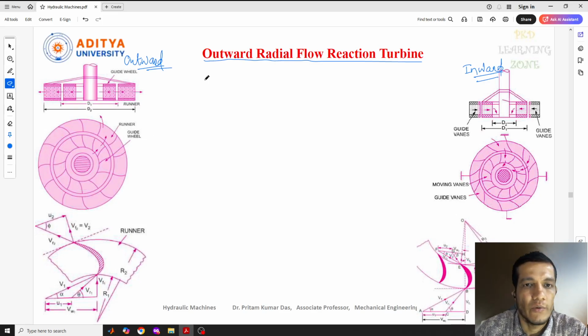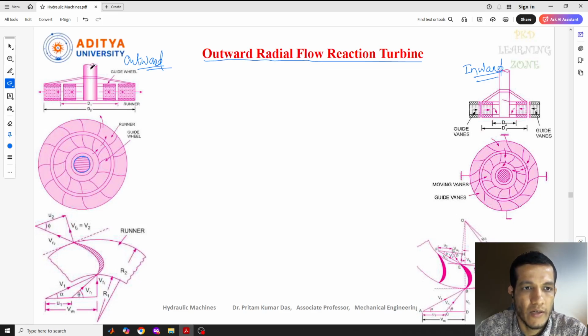So in the outward radial flow reaction turbine, the water will enter the turbine at the center. Suppose this is the center point, where the shaft is connected.